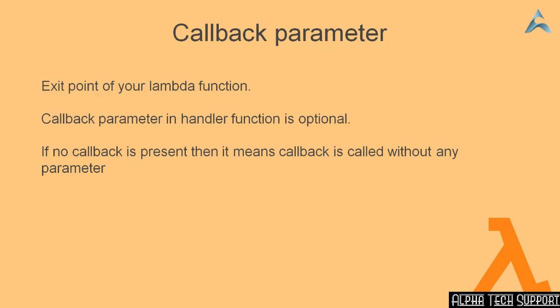A callback parameter returns something. Callback parameter in handler function is optional. It is not compulsory as event and context. If you do not set callback, then it means callback is called without any parameter. A callback is generated by the Lambda itself when you don't pass any value.